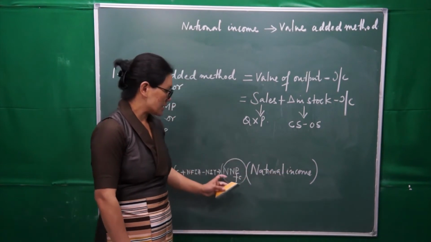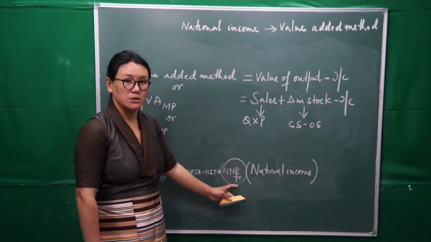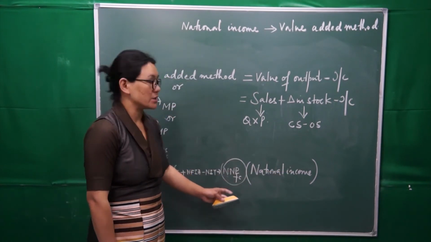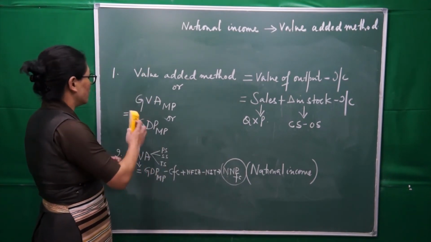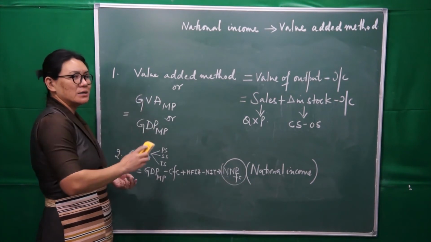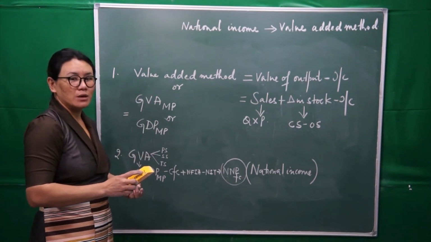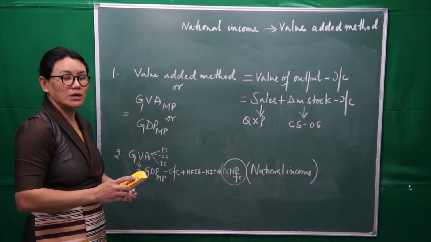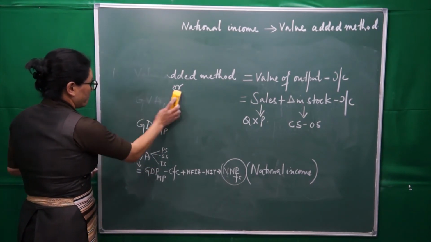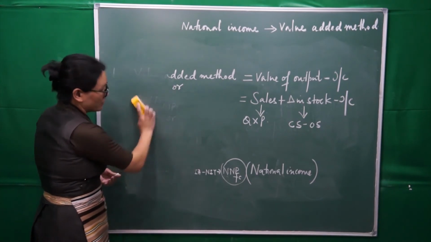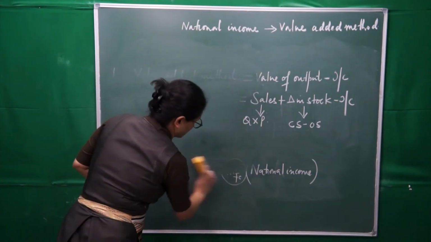National income is NNP at factor cost. Okay. So these two are just a recapitulation of what we have studied, and it is a formula which we have to use in solving numerical illustrations. Now I will show you few illustrations.